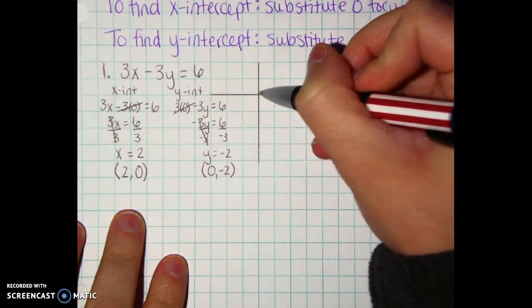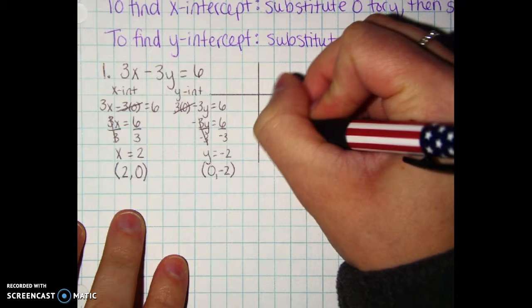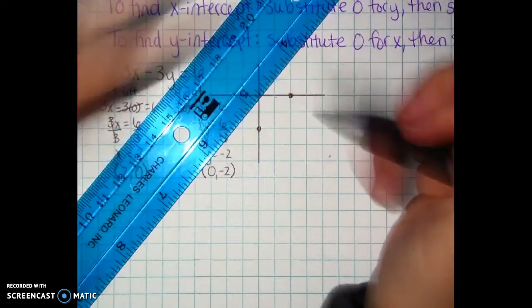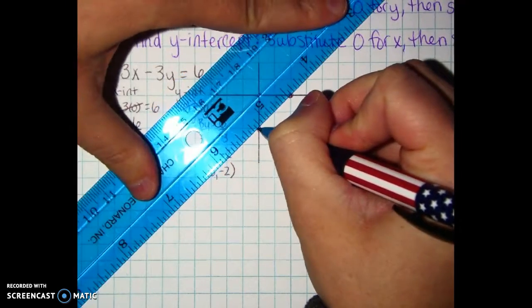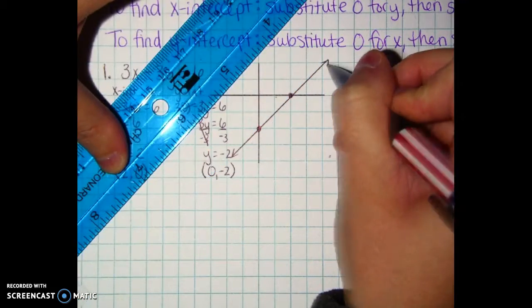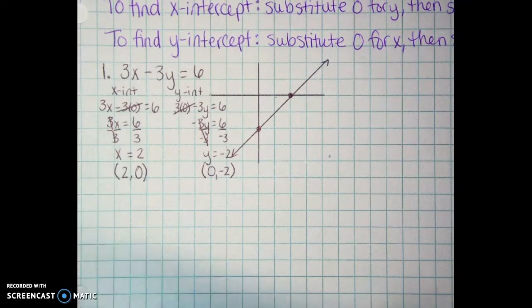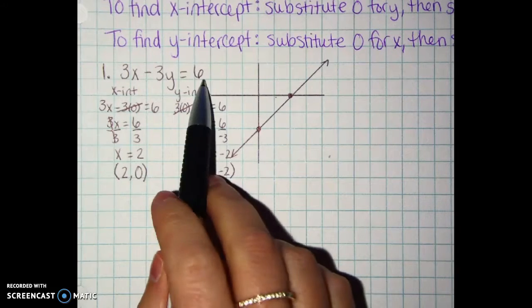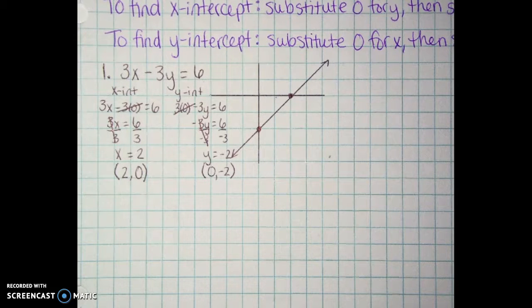And my other point is 0, negative 2. And all you do is draw a line connecting the dots. And there you go. So this method works best if your equation is in standard form, meaning x and y are on one side and the numbers on the other. Okay? Let's look at another one.